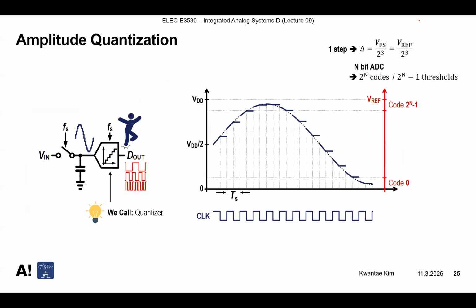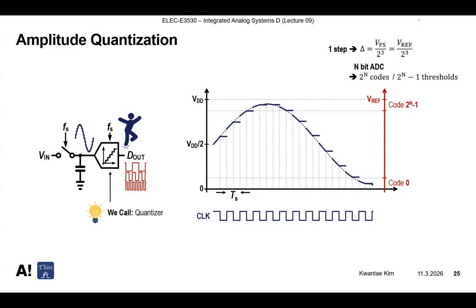So anyway, in general, not thinking of just a 3-bit ADC specifically, when we define an n-bit ADC, then the number of codes is defined as 2 to the power of n. It is just a very, very generic definition of digital representation. And the number of thresholds is definitely 2 to the power of n minus 1.